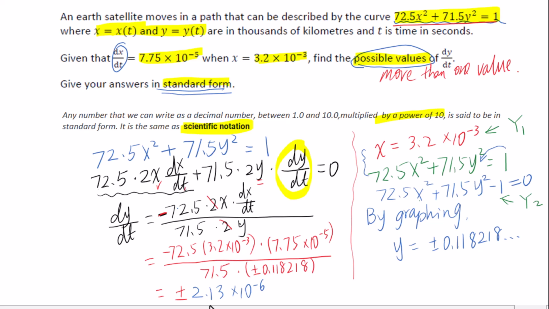Answer is plus or minus 2.13 times 10 to the negative 6th power.